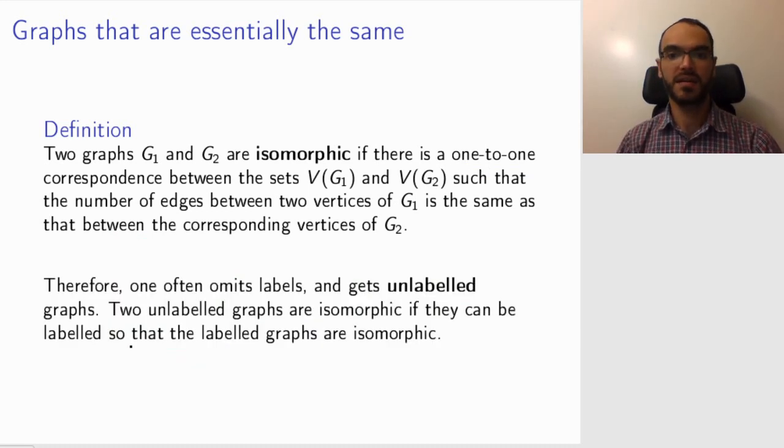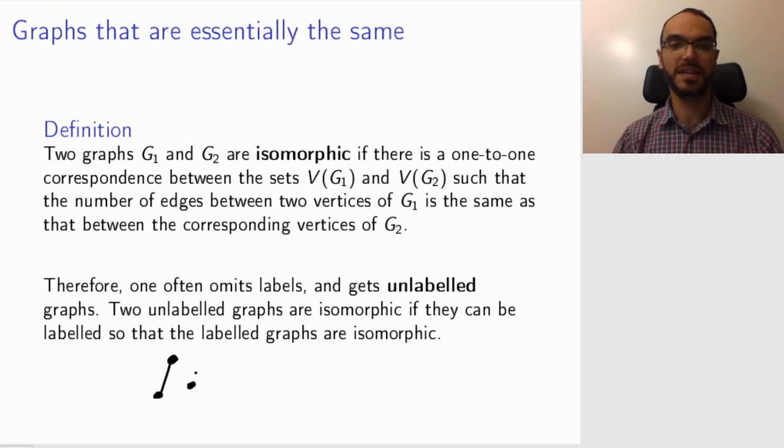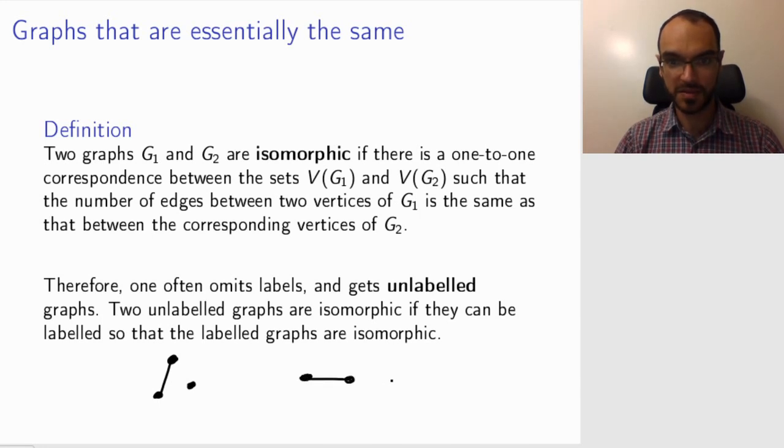And because this is possible, the labels are not very important. Both examples are really trying to convey this general idea: a graph with 3 vertices, 2 of which are connected with an edge. And this is an unlabeled graph. So often graphs will be unlabeled, and if you really want to make sure that this unlabeled graph and this unlabeled graph are isomorphic, you can label them.